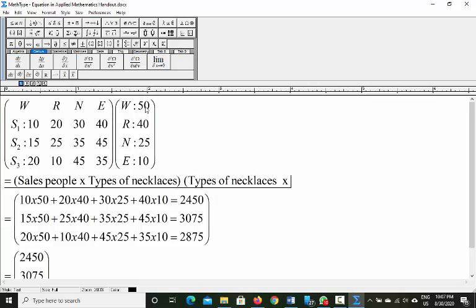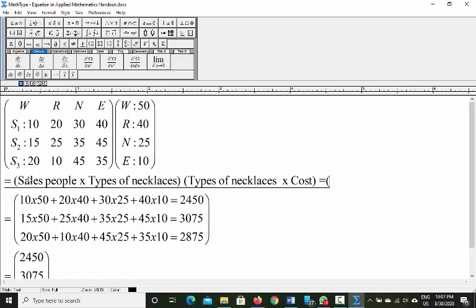And in the column we have price or cost of each necklaces. So in short we can just write cost. These two are matching.